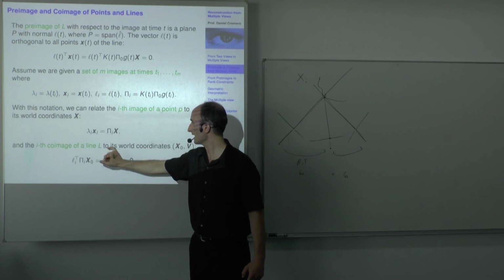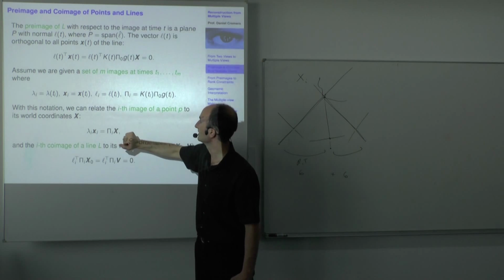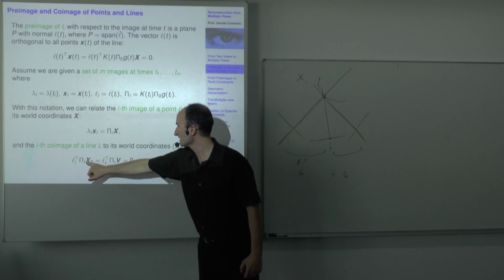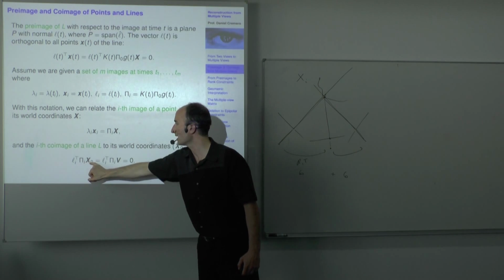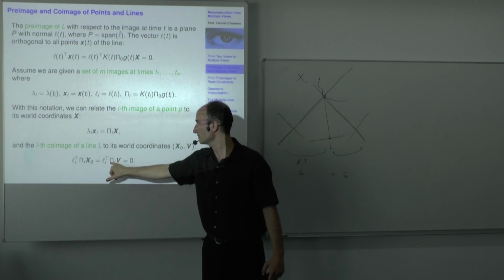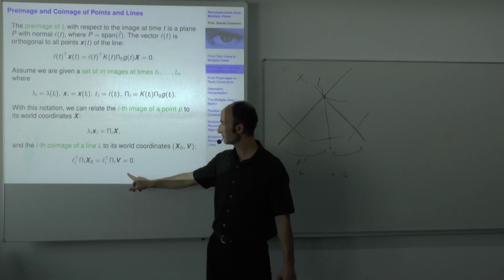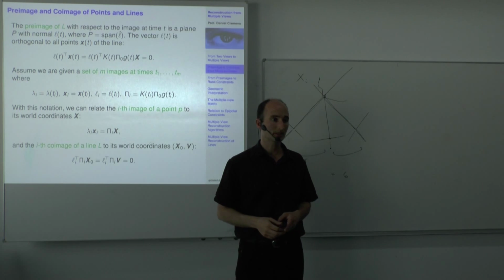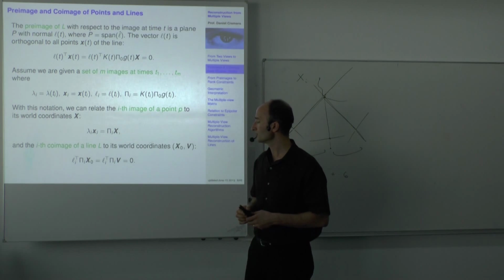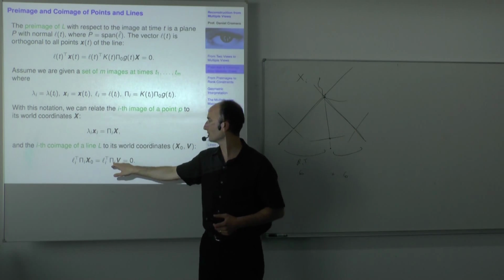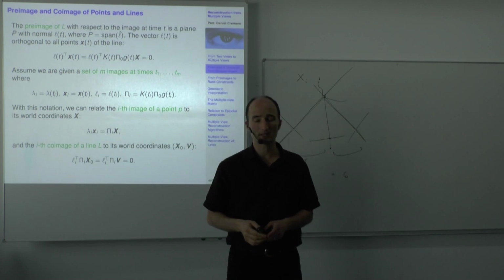So if I insert x0 in this equation, then I get Li transpose pi i x0 must be 0. And then for any other mu, say if I set mu equals 1, then I get Li transpose pi i v equals 0. Which means I actually have two constraints, one constraint for the base point and one constraint for the offset vector.